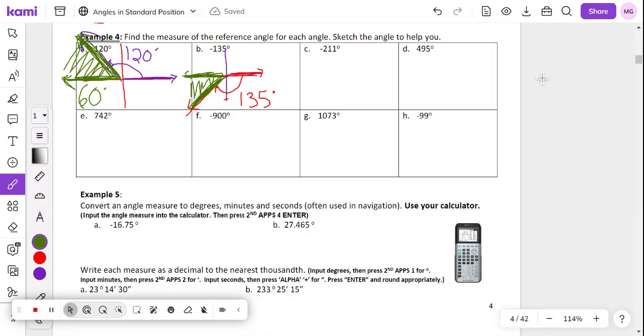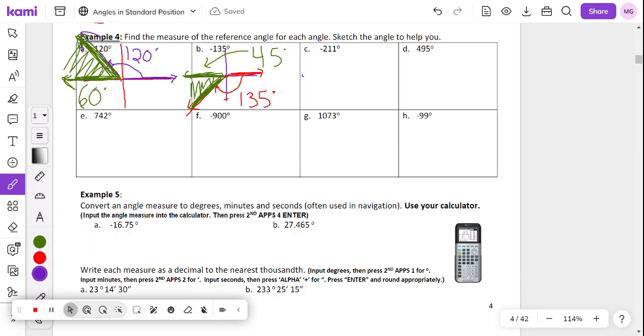So we're going to do 180 minus 135. That means that this angle right here is a 45-degree reference angle. Even though it was formed from an angle that went clockwise and had a negative degree measure, the reference angle is always positive, and it is always acute, and it is always formed with the x-axis.